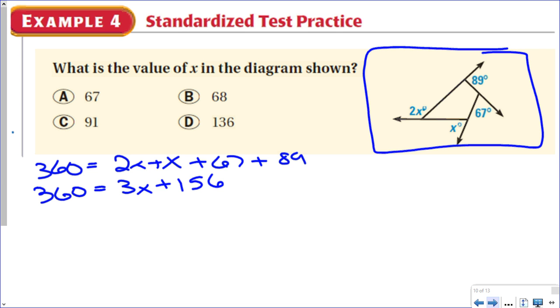Okay, so I take 360 minus 156. I'm just doing my calculator real quick here. And then divide that answer by 3. x would equal 68. So the correct answer is letter B for this one.